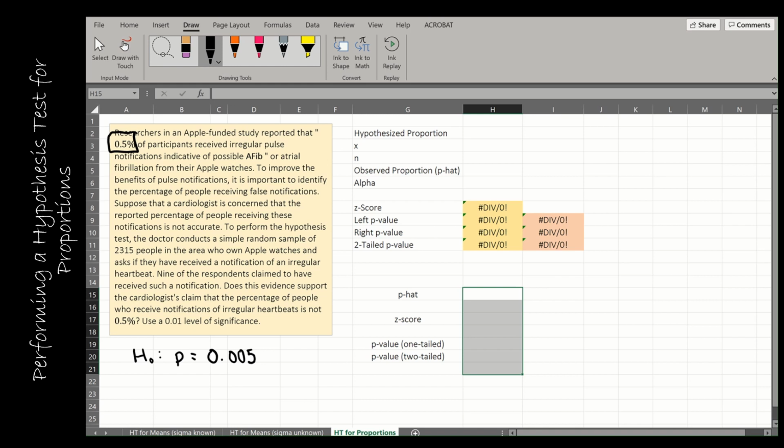Now, as we read through the question, it says, cardiologists are concerned that the reported percentage of people receiving the notifications is not accurate. It doesn't say cardiologists think that more people are getting this, or that less people are getting this. It just says not accurate, which means our alternative, the one that we're testing, is simply that it's not 0.005.